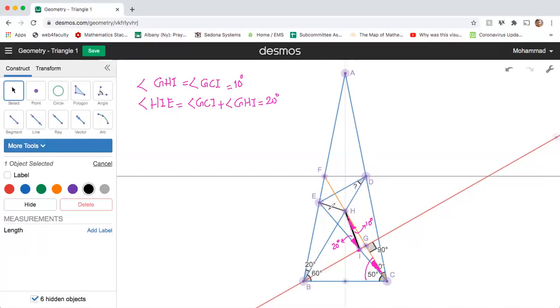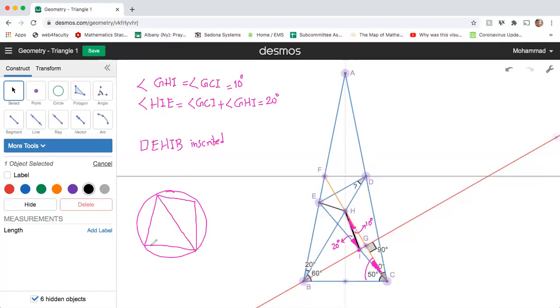Now let's focus on the quadrilateral EHIB. I claim that this is inscribed. We know the major theorem about inscribed quadrilaterals is that a quadrilateral is inscribed if and only if the opposite angles add up to 180.